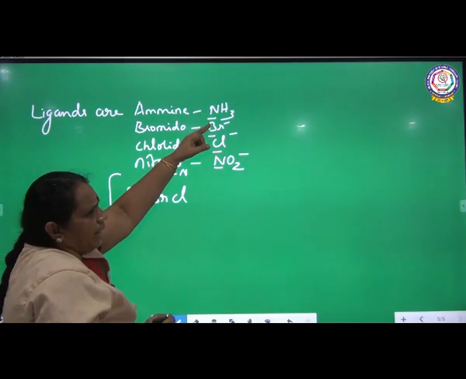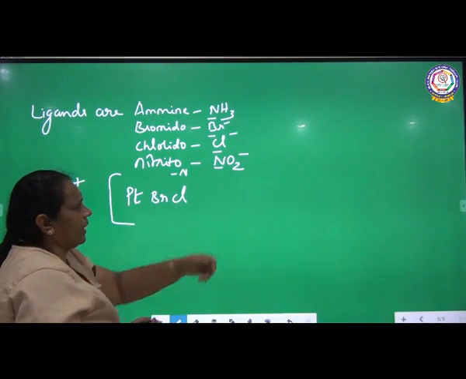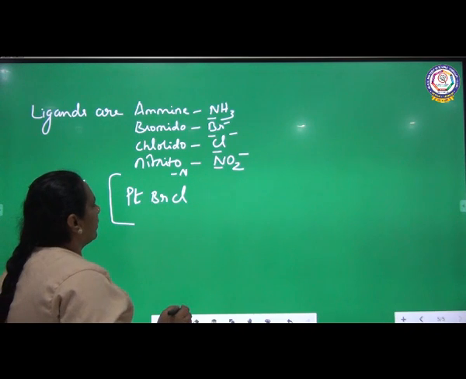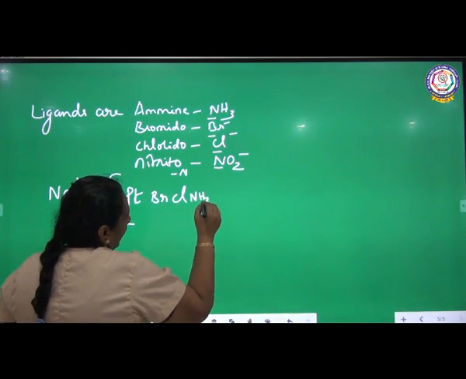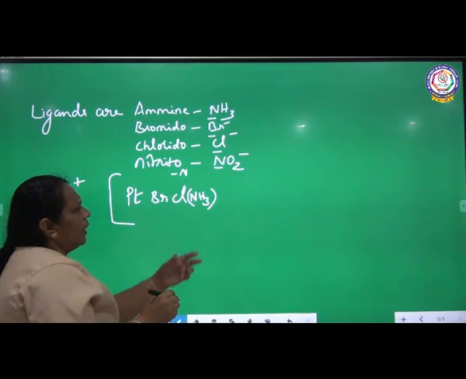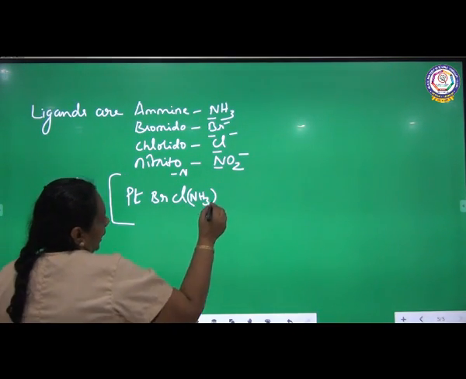Next, for amine it is NH3, for nitrito it is NO2. So NH3 will be given first preference. NH3 is a neutral ligand, and then nitrito, NO2.